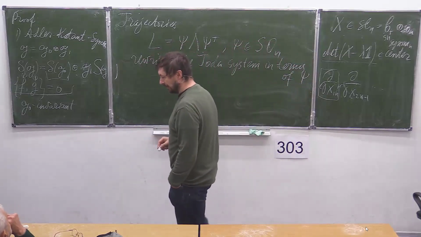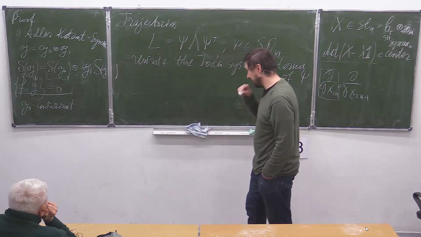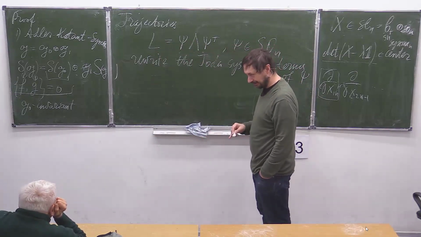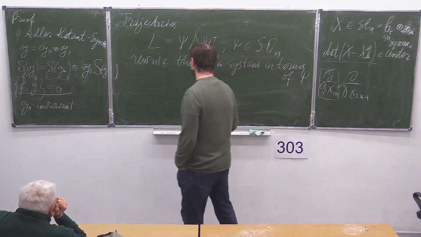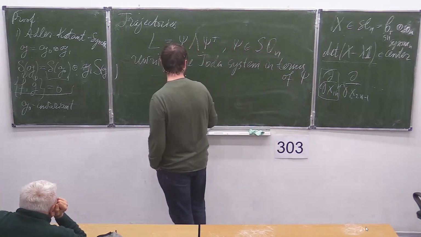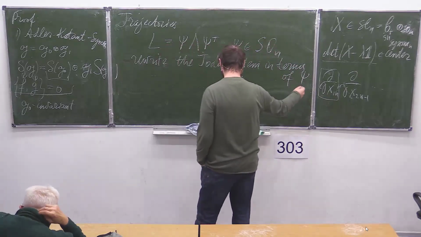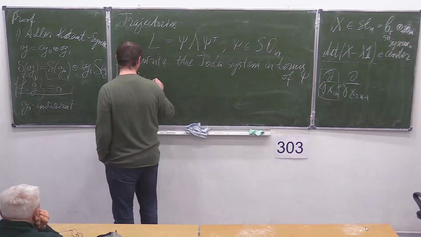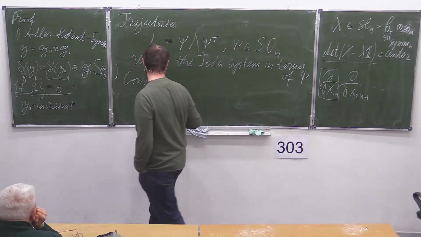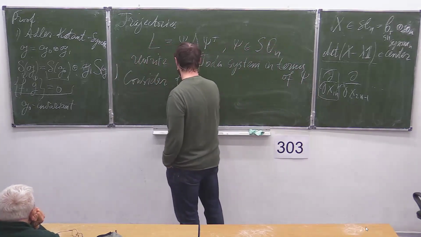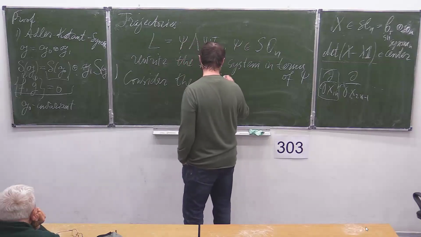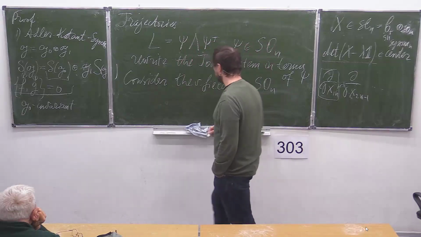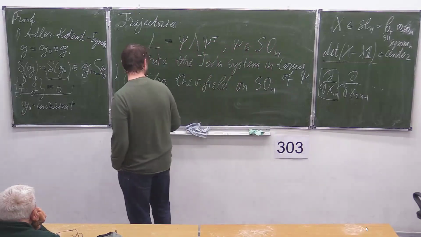If you're familiar with this technique, I think it's sometimes called the Flaschka or something like that function of the system. But for me, the true explanation of this is the following. Consider the vector field on SON, which is obtained by the following construction.